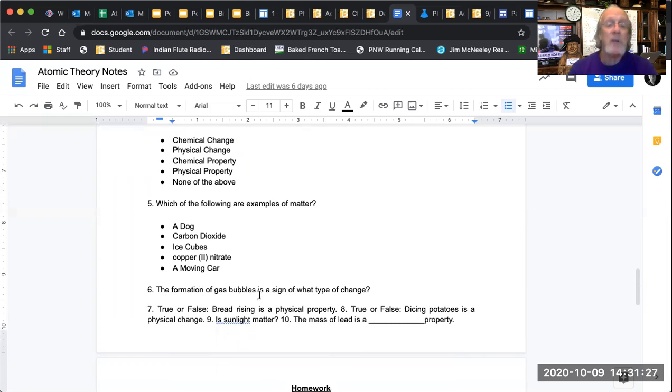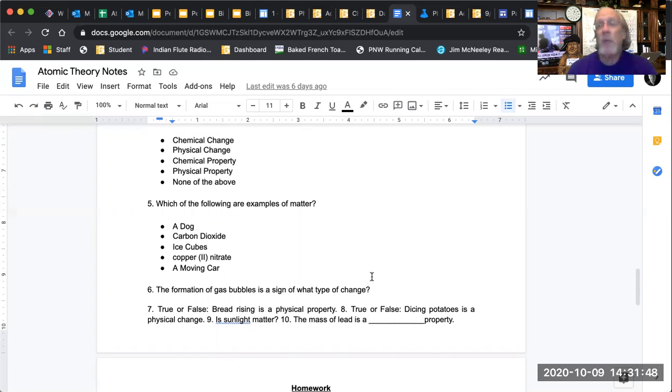The formation of gas bubbles is a sign of what type of change? This is a really tricky one because it's both chemical and physical. An example is that when you open a soda, carbon dioxide gas bubbles out of it. And that's due to a pressure change.